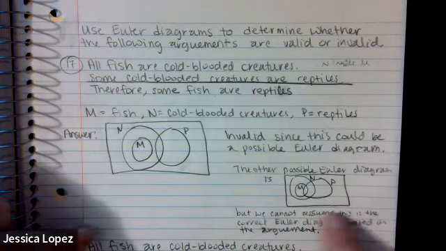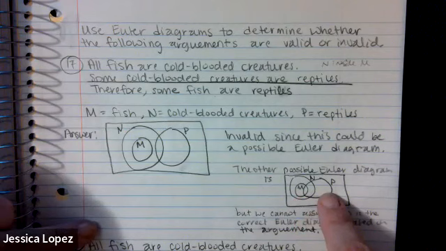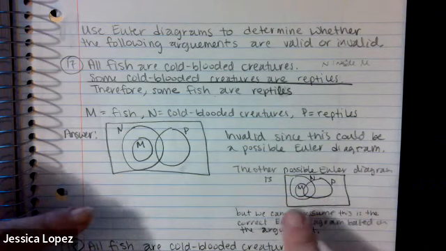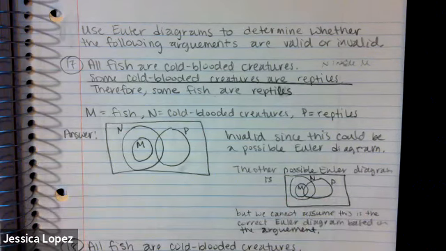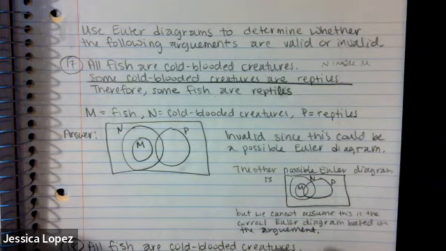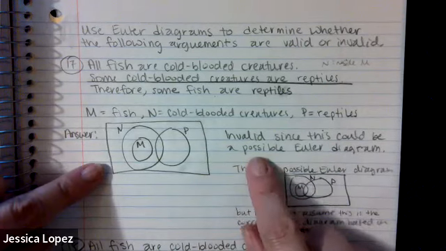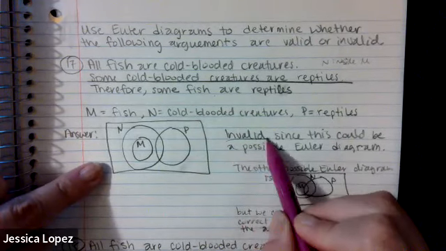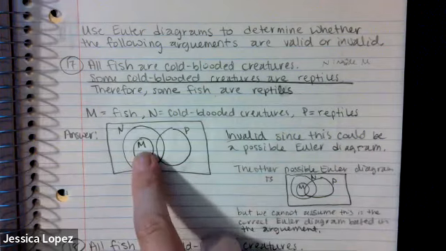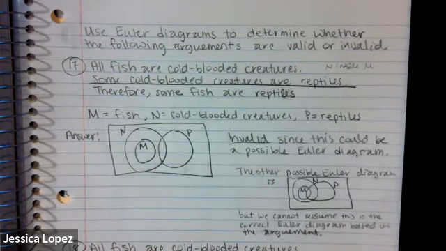But you cannot assume that the fish are part of the reptiles, because otherwise it would have specifically stated that. And because it didn't specifically state it, they're saying that this cannot be the possibility, okay? So it is invalid. Notice that the fish do not touch the reptiles section.